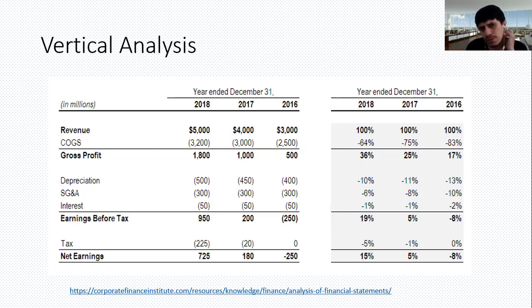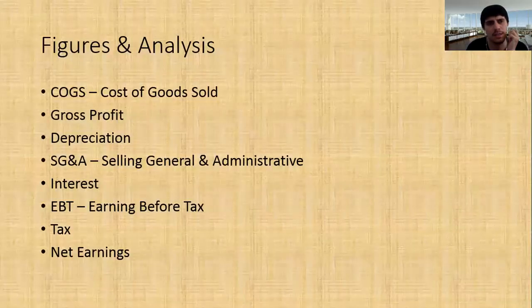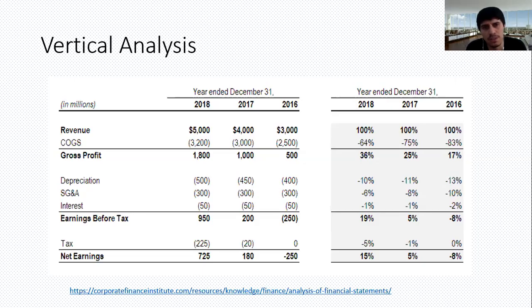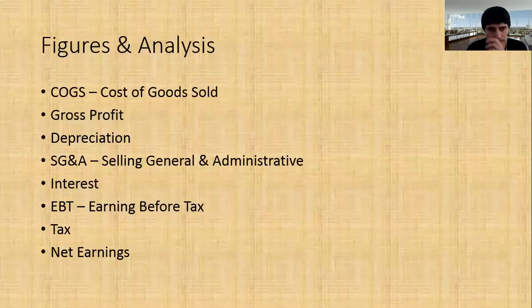We're also going to look at selling, general and administrative cost, which was $300 billion in 2018, and $50 billion of interest that we had to pay out to the banks apart from the original money that we took. And there's also EBT, earnings before tax. So let's have a look.